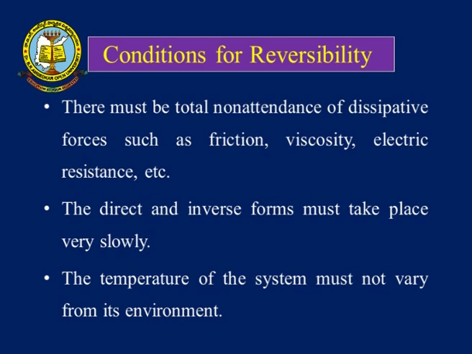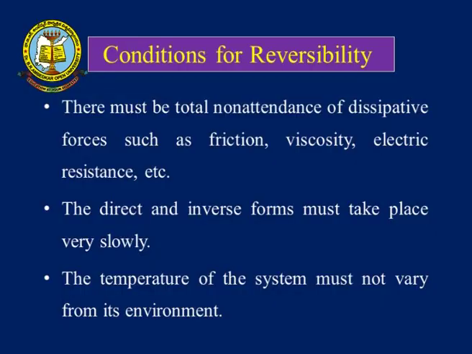And one more condition which we require for a reversible process is that the direct and inverse forms must take place very slowly. That means whenever a thermodynamic process is taking place from initial position to final position, it has to take place very slowly, then only the process can be reversed. That must be the condition.